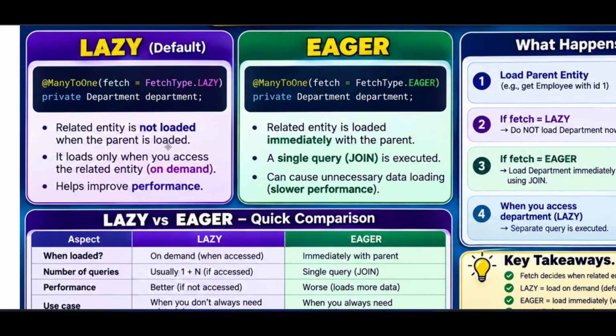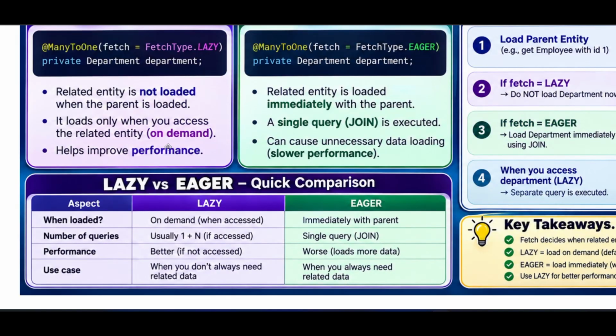You have to understand the difference. It means the child entity is not loaded immediately when the parent is loaded. It loads when you access the related entity, on demand.